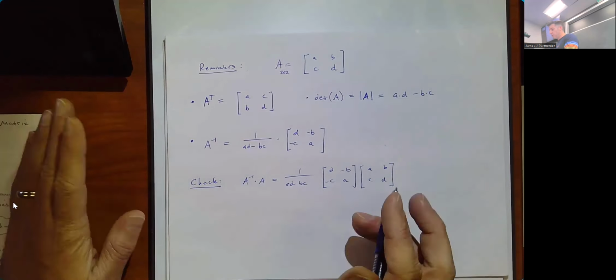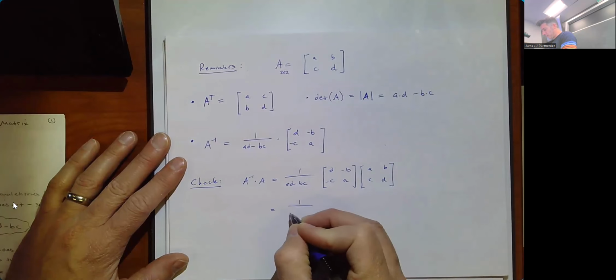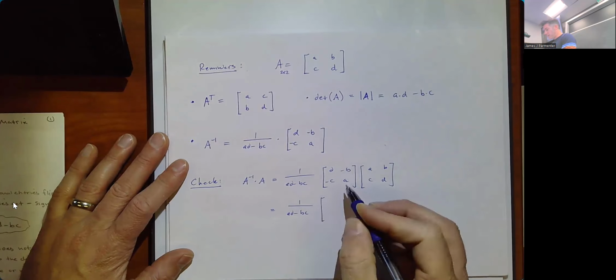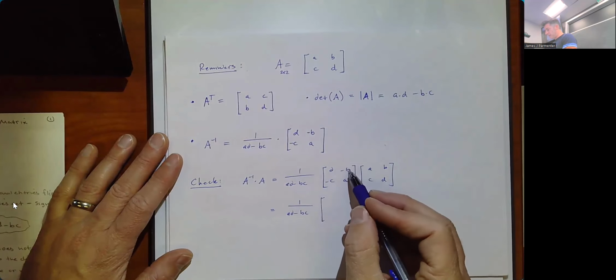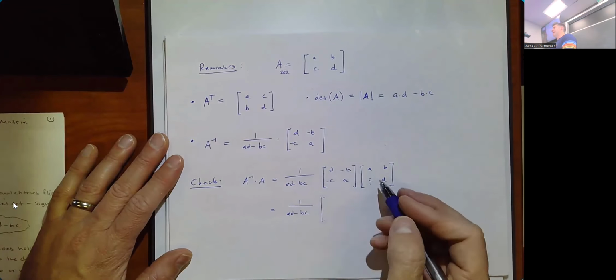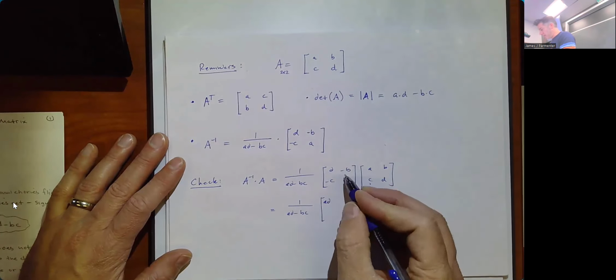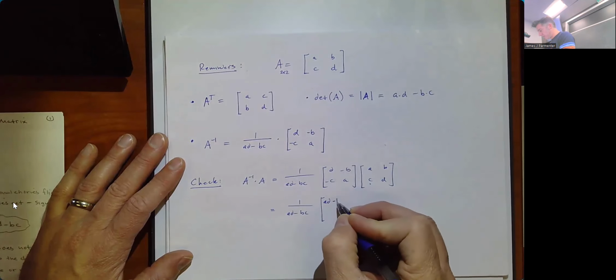It's just going to stay. And now let's do the matrix multiplication. So D times A minus B times C. I'm going to write that as A times D minus B times C. So D times A is A times D, and plus negative B times C is minus B times C.